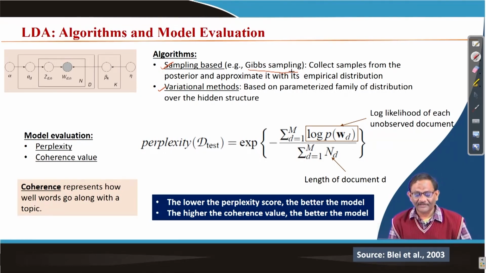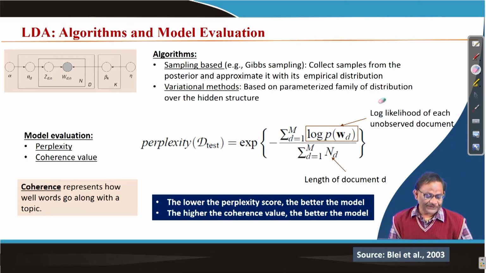The variational method is based on a parameterized family of distributions over the hidden structure, and then finds which member of the family is best suited to this particular document collection. So that is the way things are captured from the algorithm point of view.